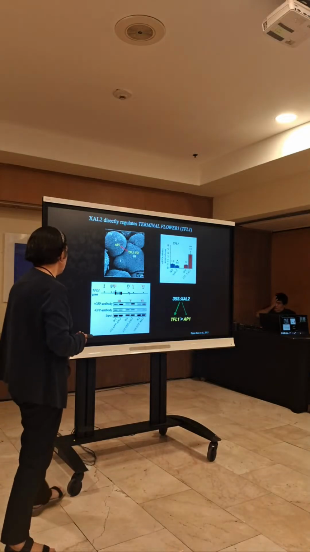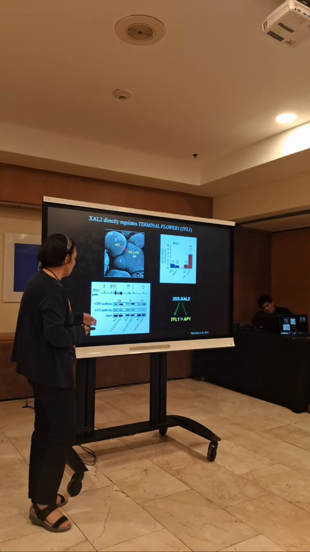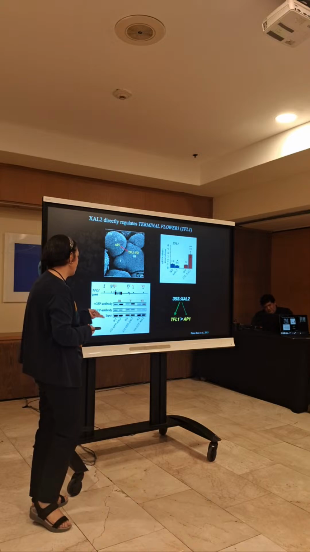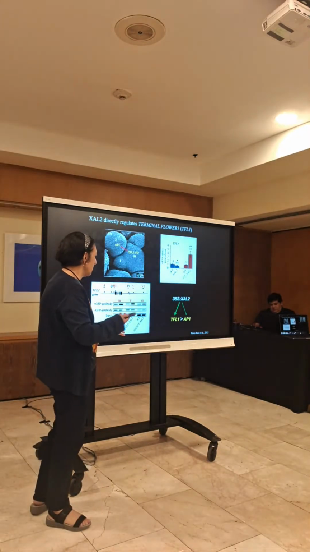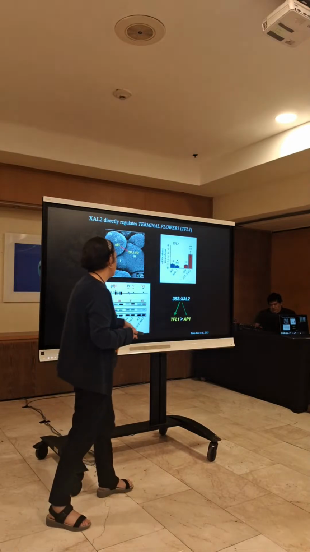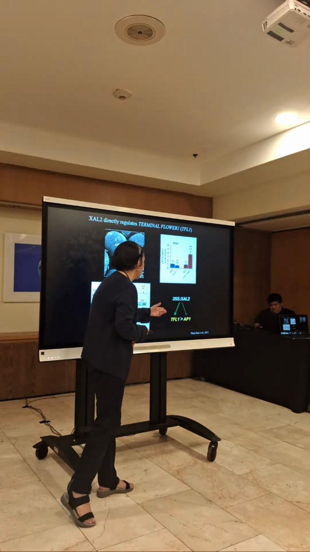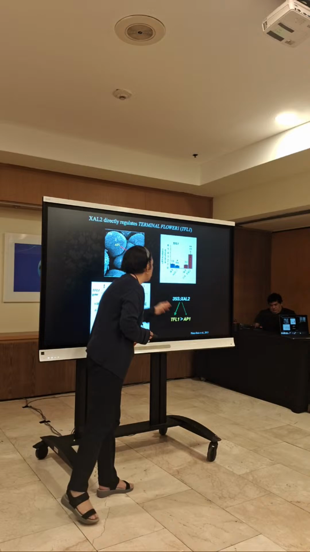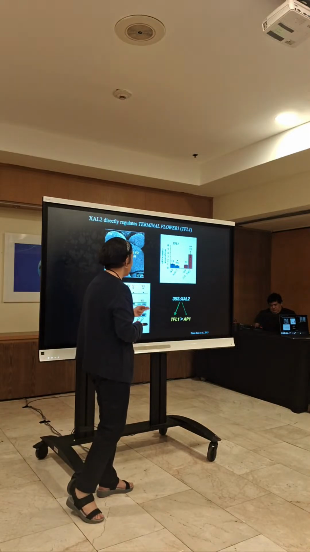We also made a ChIP analysis, and we found that indeed, directly, Chantal 2 regulates TFL1, but this was a counterintuitive regulation because, as I told you, AP1 represses TFL1.